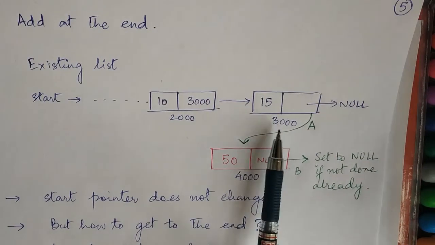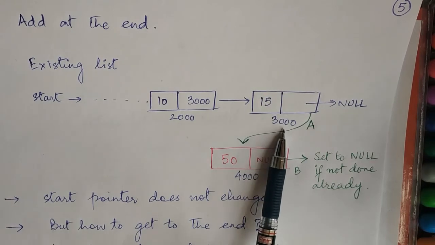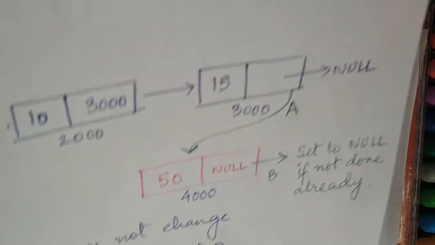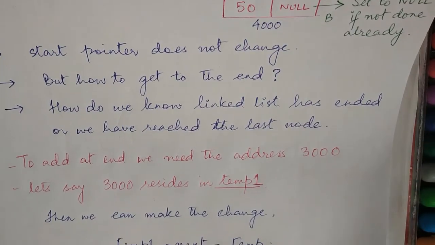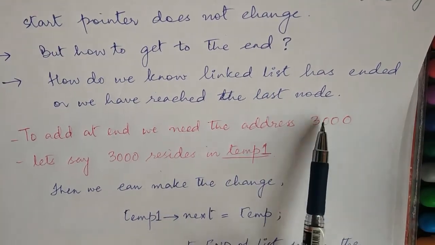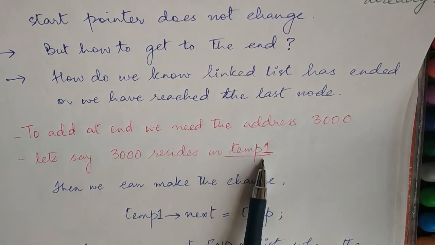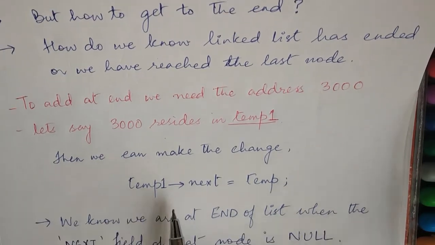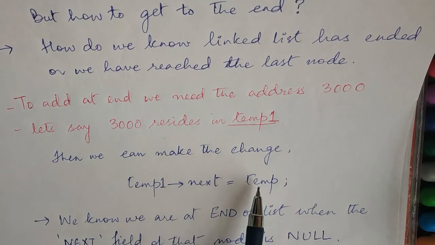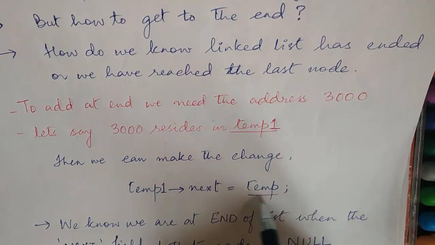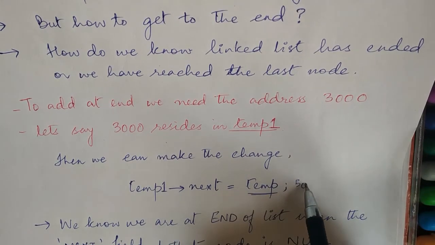So to add anything, we need to first have the address 3000 in our hands. In our hands means that we need to have a variable that can hold 3000. Once we have that 3000, let's say it is in some variable temp1, then we can make the change, put temp, this is our newly created node, the node that has 50.